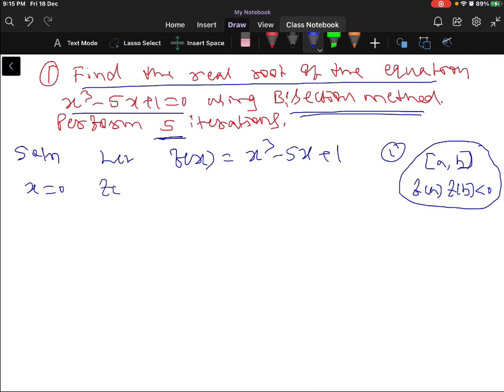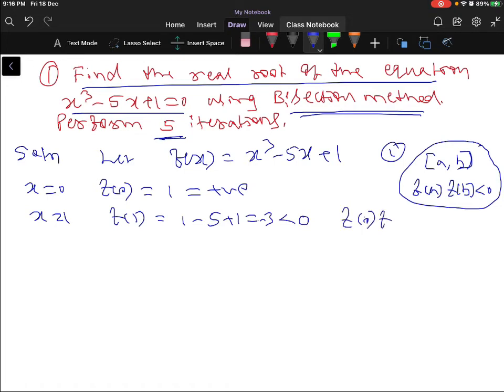Let us take x = 0. f(0) is nothing but 1, which is positive. For x = 1, let us check f(1) = 1 − 5 + 1, that is equal to −3, which is negative.